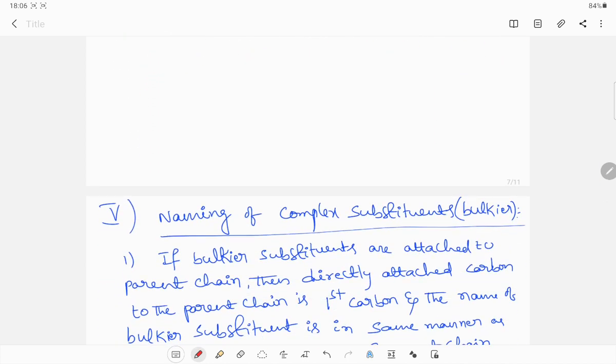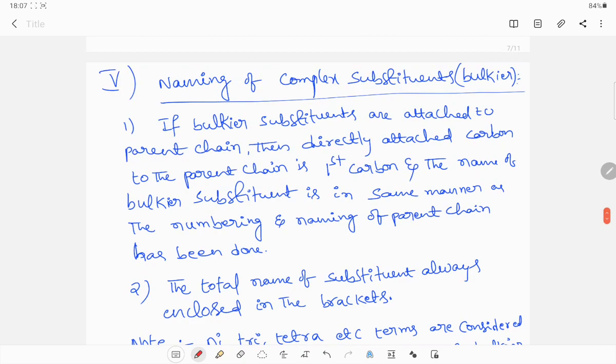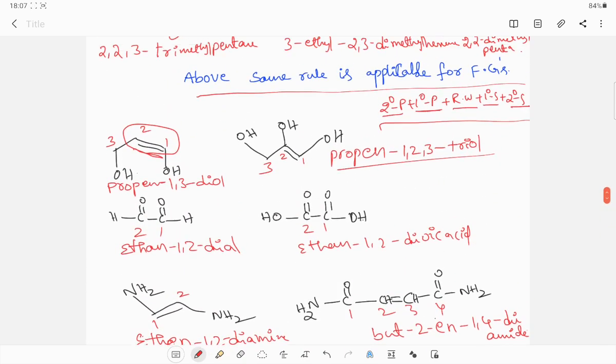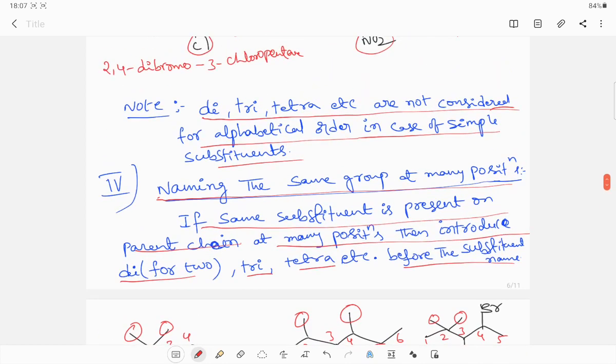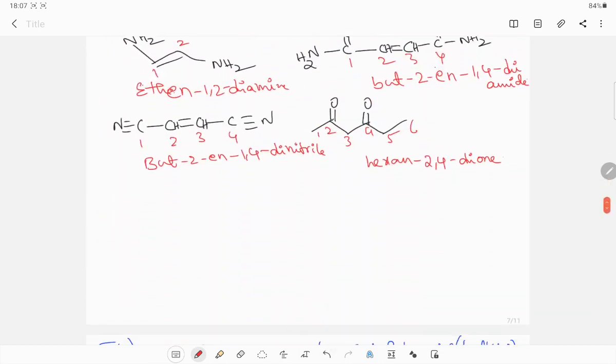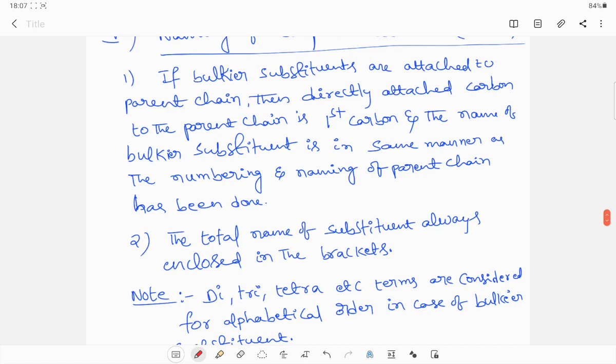Next, the fifth rule is naming of complex substituents. See students, in the previous case, in simpler substituents, di, tri, tetra we need not consider for alphabetical order, but for complex substituents we should consider di, tri, tetra for alphabetical order.